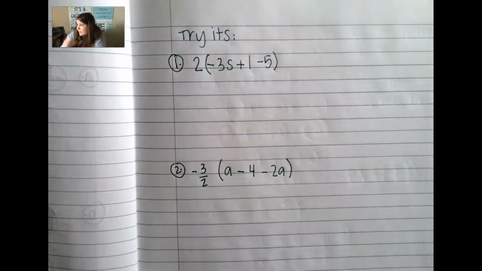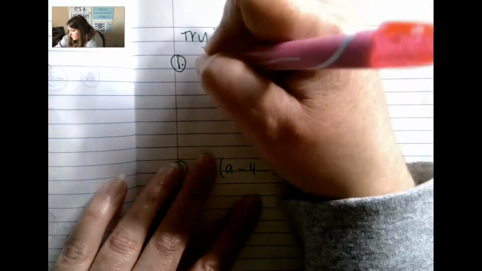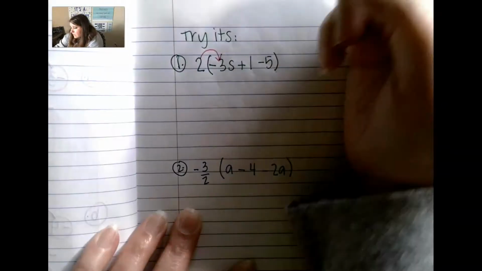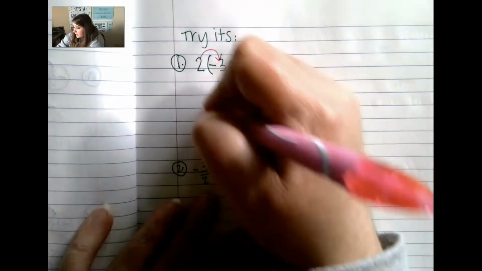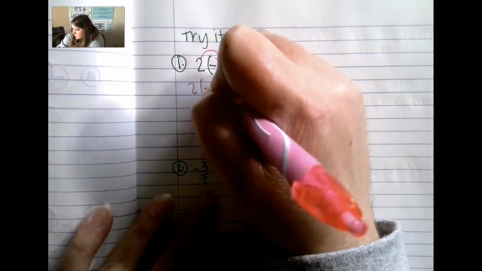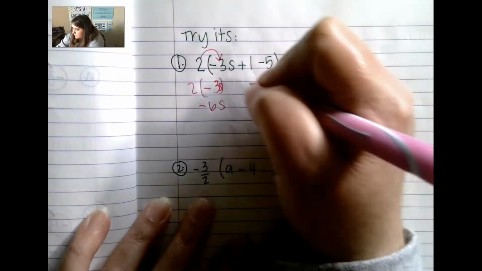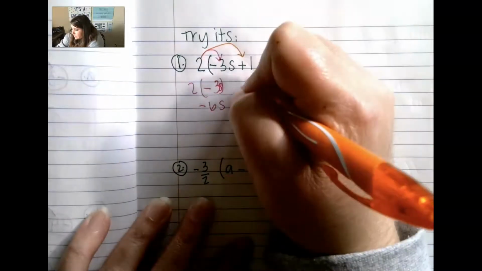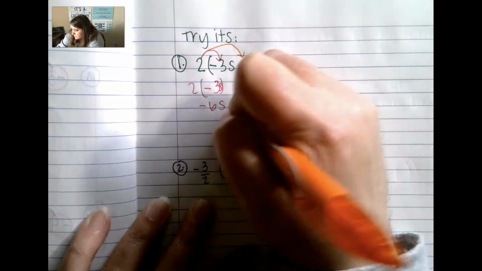All right, so go ahead and start distributing. 2 times negative 3. Hit pause so you don't hear me solving, and then when you're ready, hit play. Okay, so we get negative 3 times 2, and there's my s again, which is negative 6s. And then we're going to go for 1, so 2 times 1, which gives me 2.